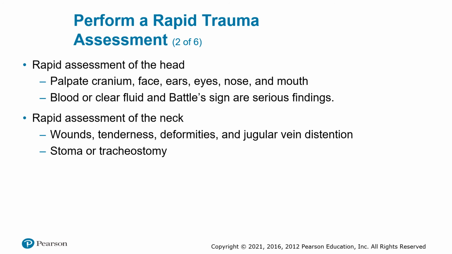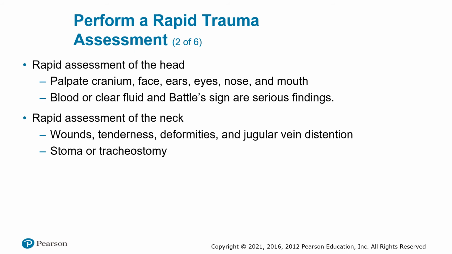Clear fluid is typically cerebrospinal fluid. So if we have that clear fluid, like a halo sign, that's a bad thing. Battle signs. These are serious findings. Battle signs are when you have both eyes black.